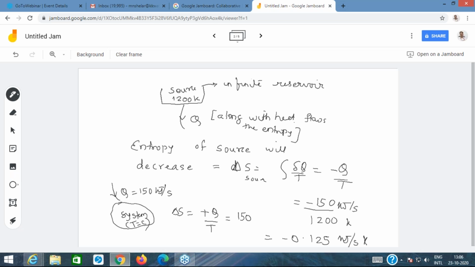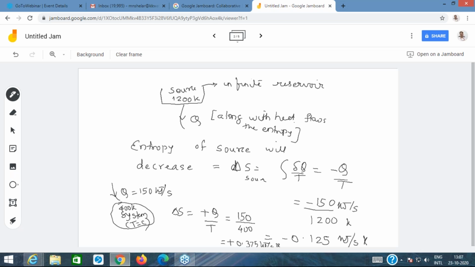T is the system temperature, which is 400 Kelvin. So 150 upon 400 becomes plus 0.375 kilojoules per second Kelvin.